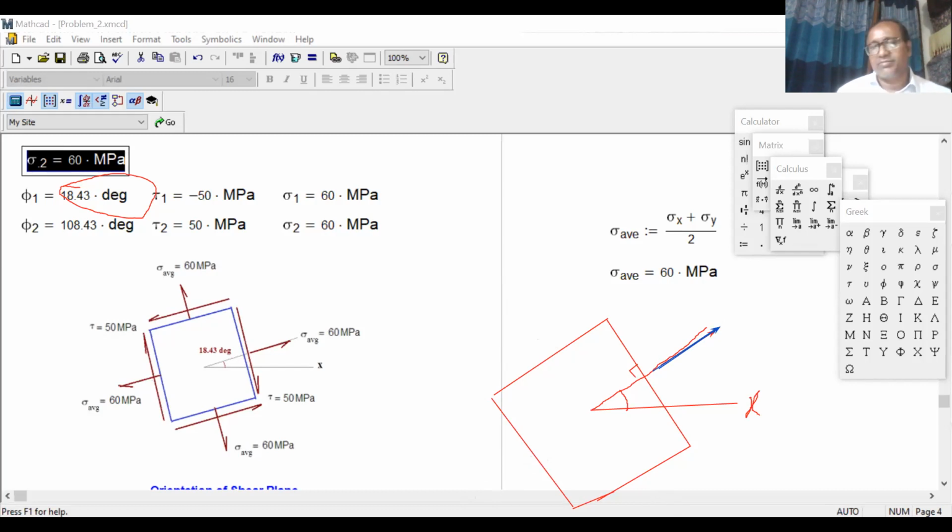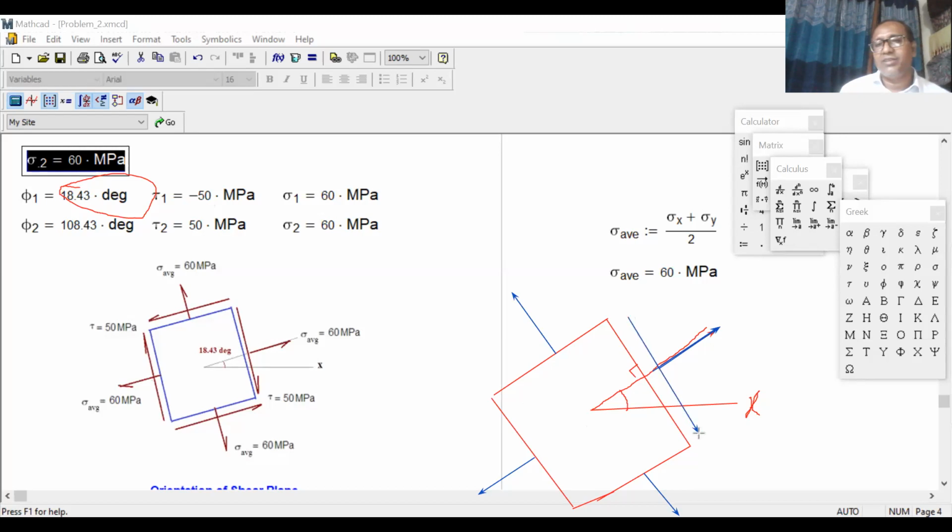Now shear. You fix it right over here, then you are fine. What is the angle over here? 18.43 degree. And what is the tau 1? Tau 1 was negative 50, right? So in our formula, if tau rotates anti-clockwise, that was positive. So right over here, tau will be clockwise. So you just put the arrow downward.